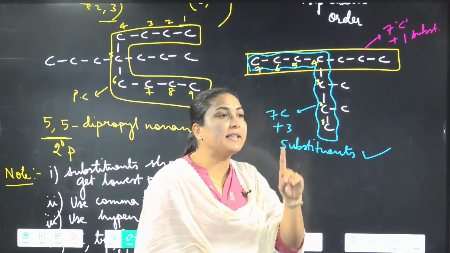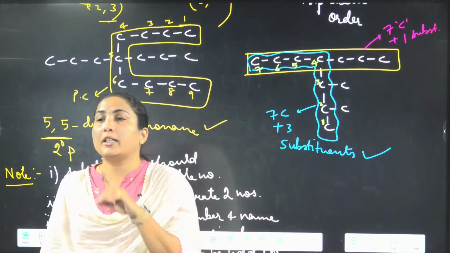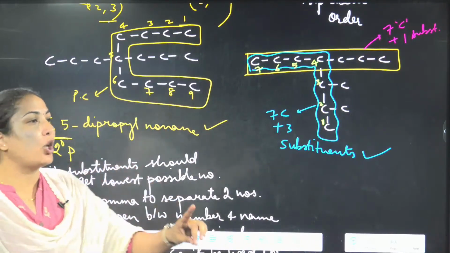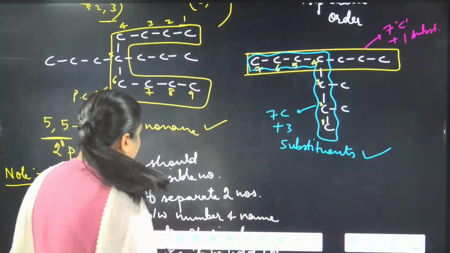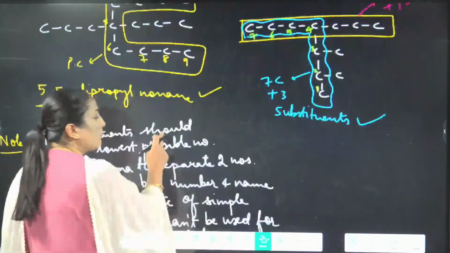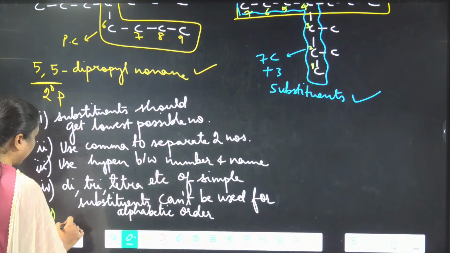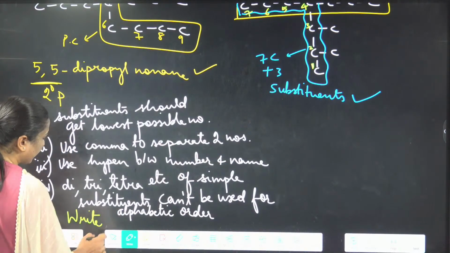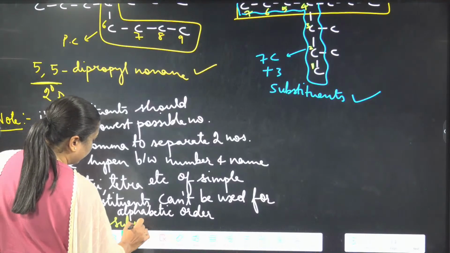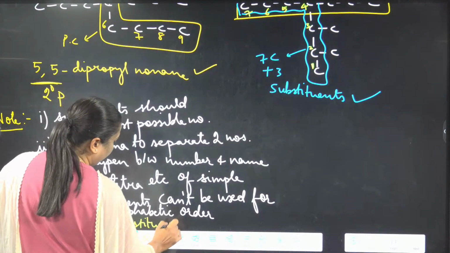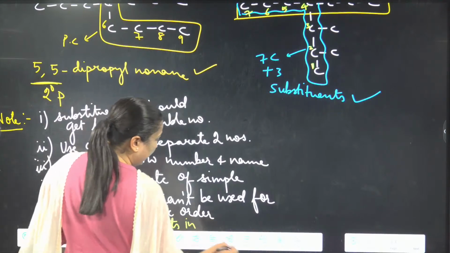And whenever you are writing the substituents, make sure that you are writing them in the alphabetic order. That is important, right? Irrespective of the number which they are getting, you have to write them in the alphabetic order. So I'll write this one point. Write substituents in alphabetic order.